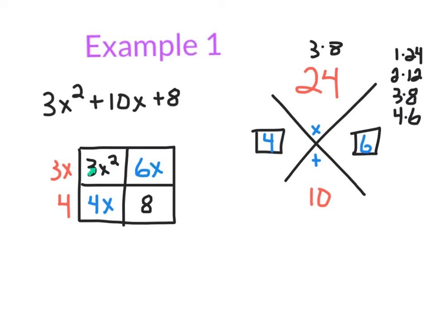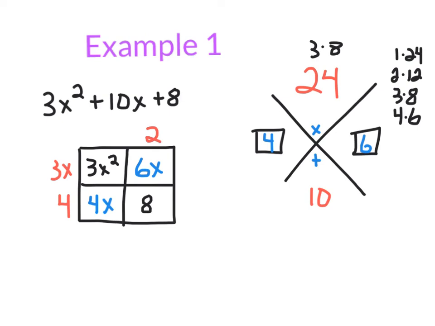Now that we've done both of these horizontal like terms, let's look at vertically. So we have an 8 and a 6x. What can we take out of 8 and 6x? Well, the greatest common factor of 8 and 6 is actually going to be 2. 2 goes into 6 and 2 goes into 8. So we're going to take out a 2.